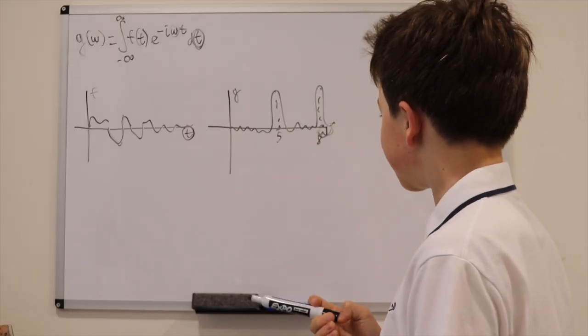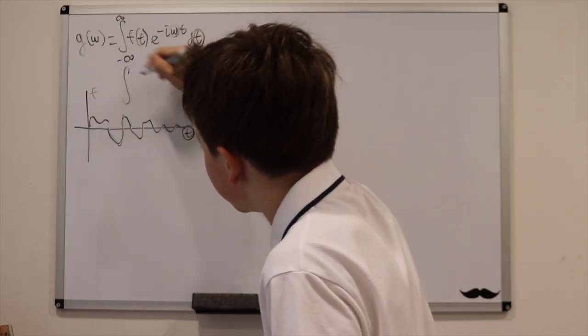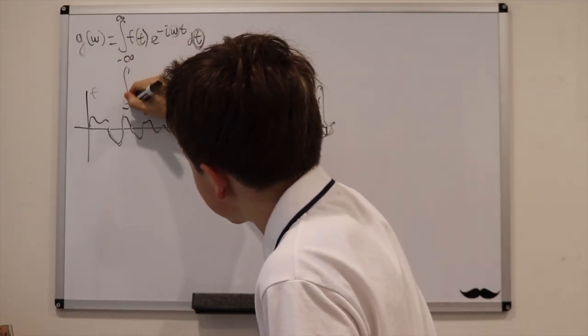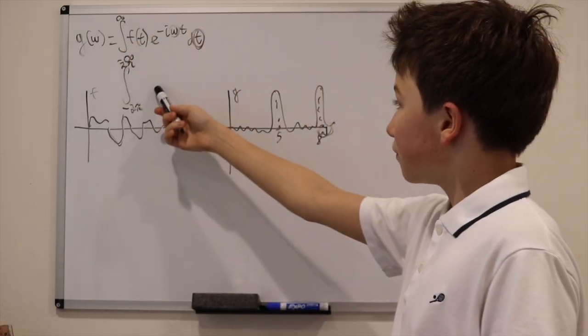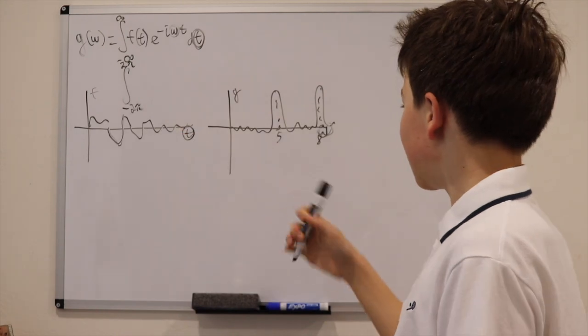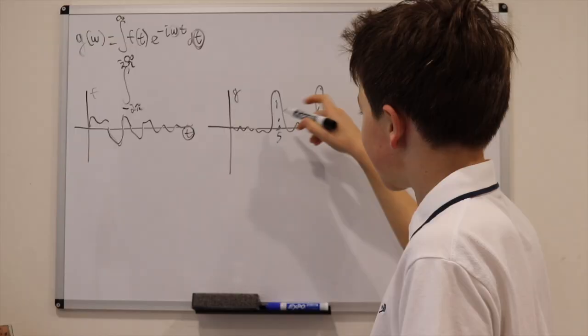But there's a very important distinction to make. Because imagine instead of integrating from negative infinity to infinity, we integrated from like negative 2 pi to 2 pi. Then we'll be integrating with finite bounds, and we're going to get finite values. So what's going to happen is we're going to get something like this.